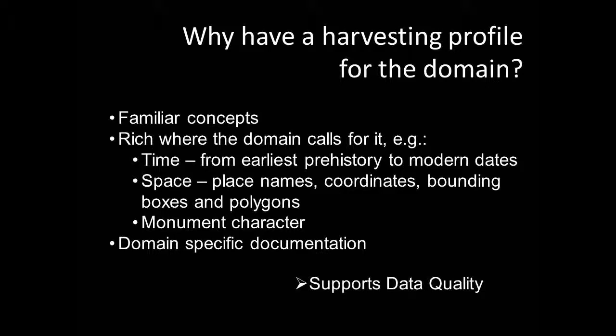We have date ranges which go from minus 500,000 to the present day, which isn't normal in a bibliographic database. So our data is rich in some places. And it also means that we can offer domain-specific documentation that's illustrated with examples of records from our content providers.